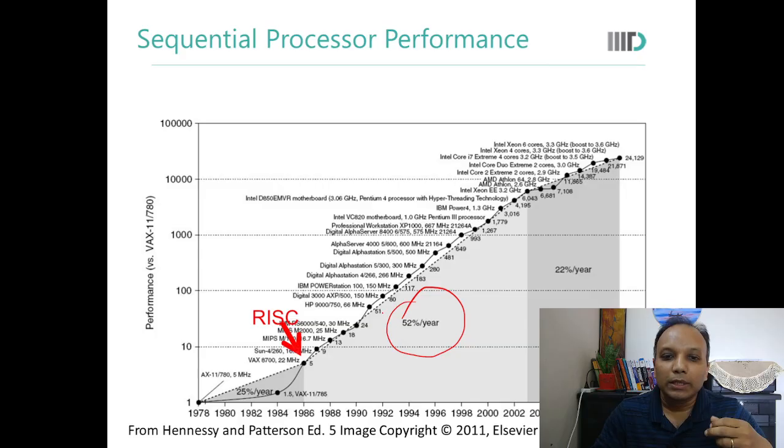If you observe carefully, the clock frequency at which these processors were operating became significantly higher and higher. Here we see tens of megahertz, here we see 500 megahertz, here we can start seeing around 1 gigahertz, 1.3 gigahertz and so on, 3.2 gigahertz and so on.